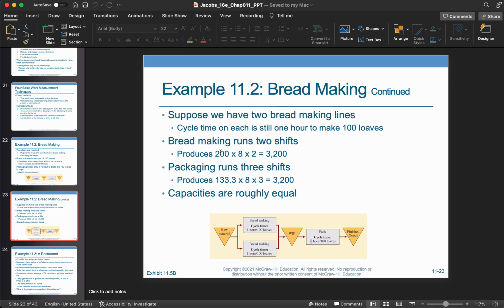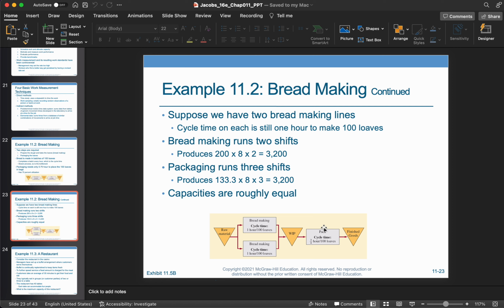So I'm going to run these two bread making machines for 2 shifts, and I'll run the packaging machine for 3 shifts. Then what happens? Well, because I have two bread making machines, I can make 200 loaves every hour, and I'm going to run those for 8 hours. And because I'm running 2 shifts, I'm basically running them for 16 hours. So that produces 3,200 loaves of bread through the 2 shifts using both my machines.